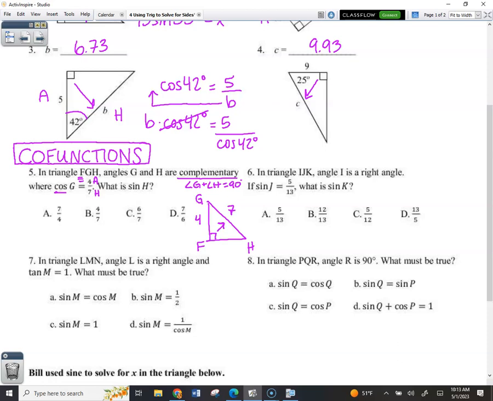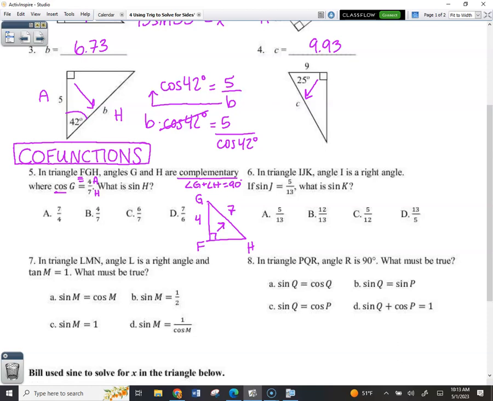All right. So adjacent to G is 4 and the hypotenuse is 7. It says, what is sine of H? What's the formula for sine? Opposite over hypotenuse. So look at my picture. What is the trig ratio for opposite over hypotenuse in my picture?